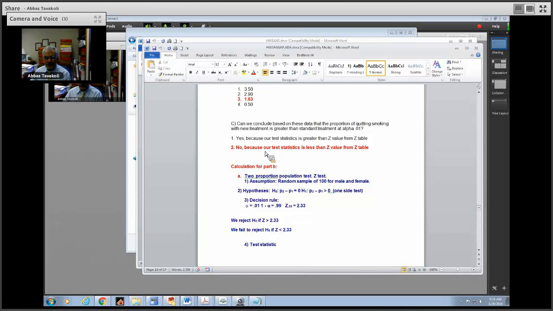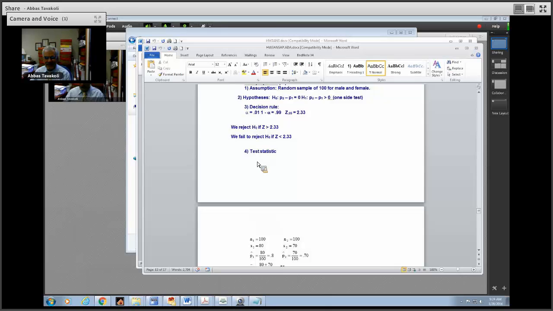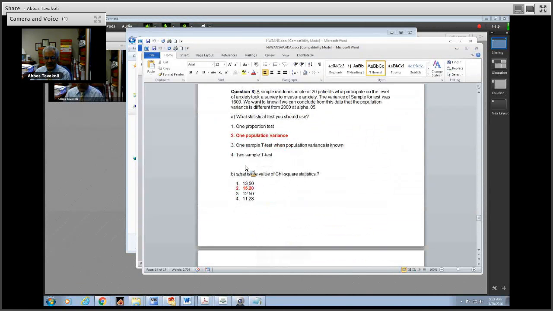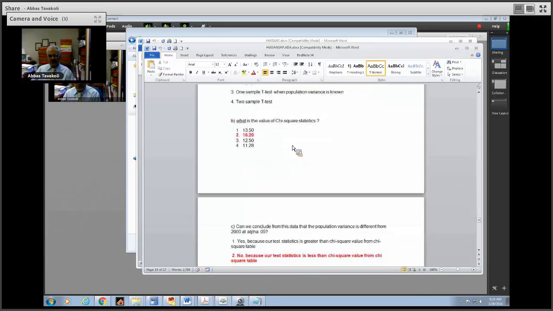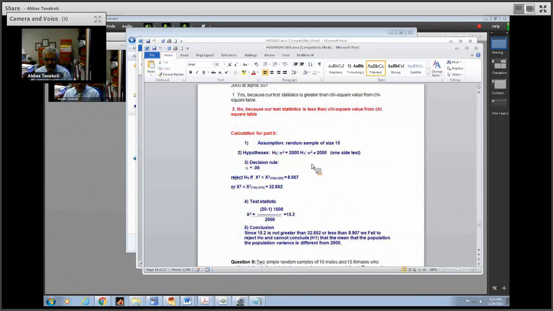Obviously, this statistic is less than your z from the table. You fail to reject, so you cannot conclude that the new treatment for quitting smoking is greater than the standard treatment.